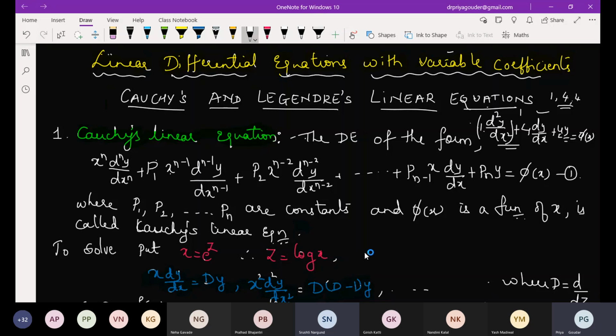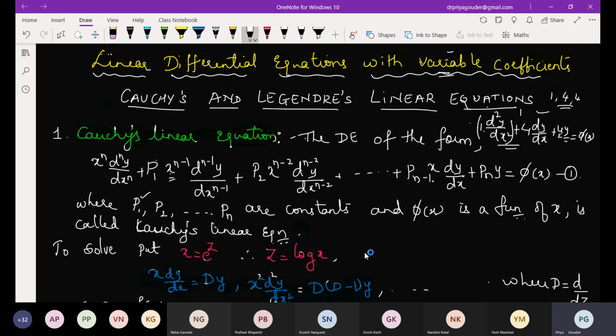Variable, right? Similarly here, P1 is constant, but the n minus 1th derivative is again attached to a variable. Even dy by dx is attached to a variable x. So this is again no doubt a linear differential equation of nth order, but with variable coefficients.